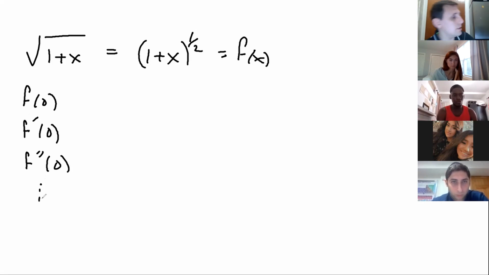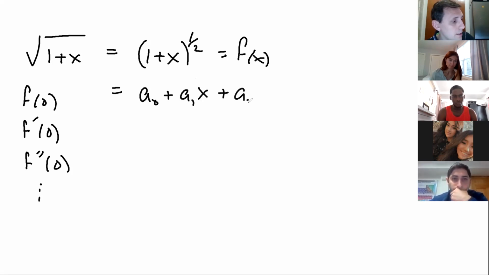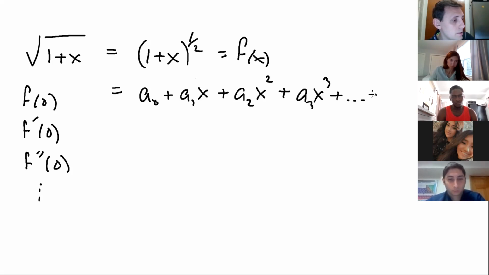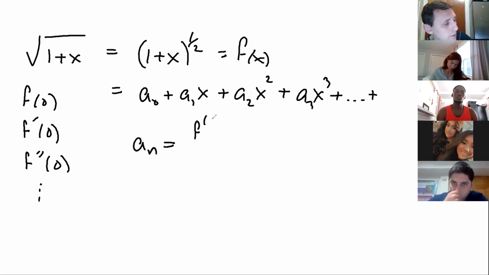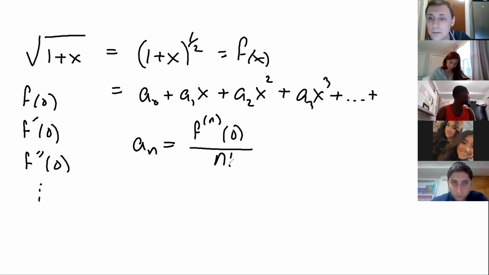So if I believe that 1 plus x to the power of 1/2 is a polynomial, it would be an infinite polynomial with coefficients a0, a1 x, a2 x squared plus a3 x cubed, and so on. And you will find, if you do the process, it was not unique to e, that the coefficient a sub n is equal to the nth derivative of this function evaluated at 0 divided by n factorial.